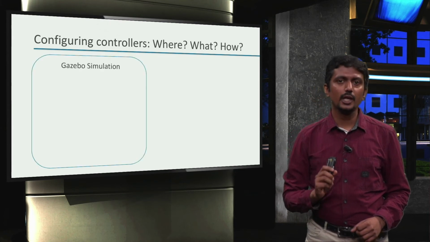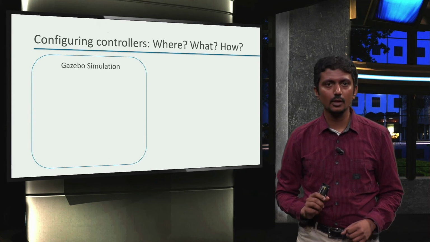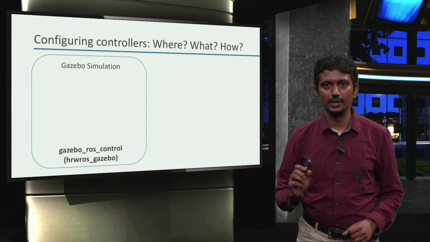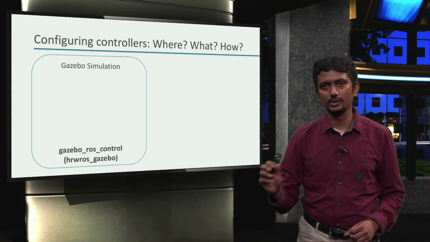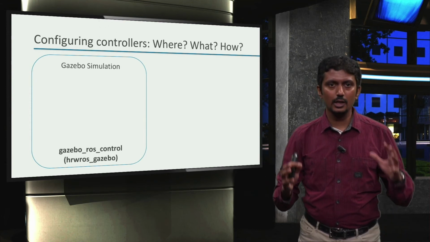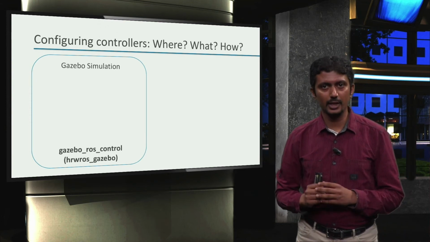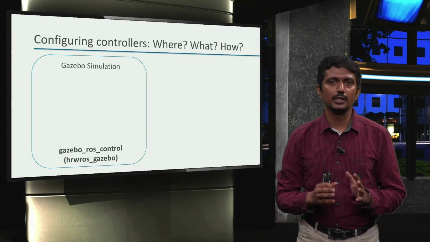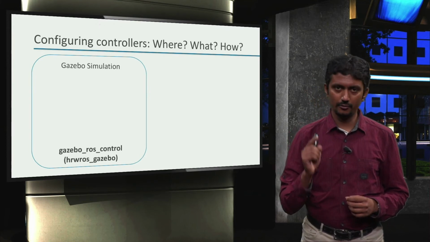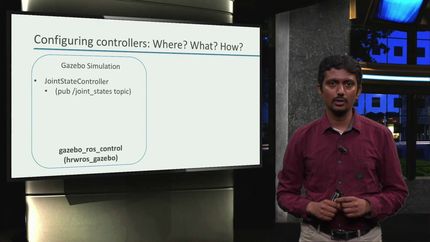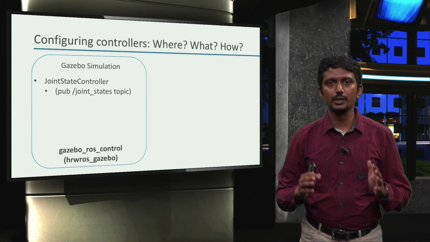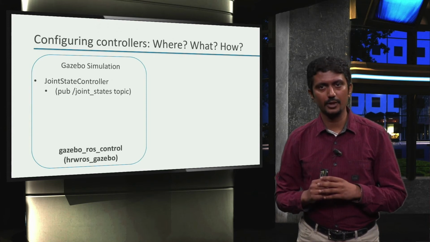So we have our Gazebo simulation. This is developed by leveraging the gazebo_ros simulation package that comes with the ROS installation. For this course, we have grouped all that in the hrwros_gazebo package, and the simulation has been configured to provide a couple of controllers. First, a joint state controller that publishes the current joint values of our robot arms on the /joint_states topic.